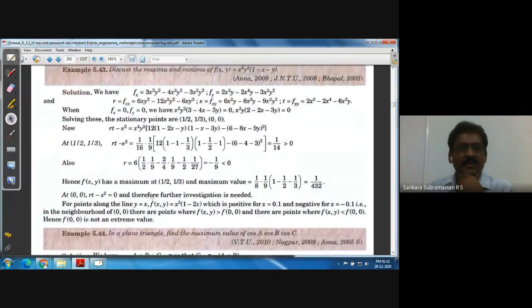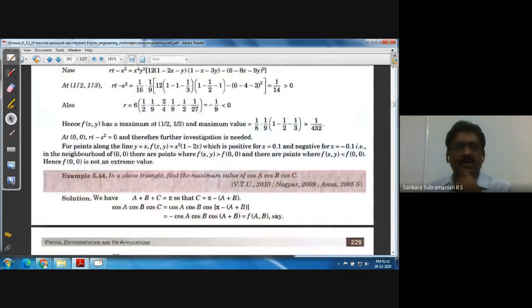Now we come here. The same problem has to be repeated. At 0 comma 0, RT minus S square becomes 0, and therefore further investigation is needed. If you say this it is enough, but anyhow you can say that it is a saddle point. This kind of investigation we do not need now.